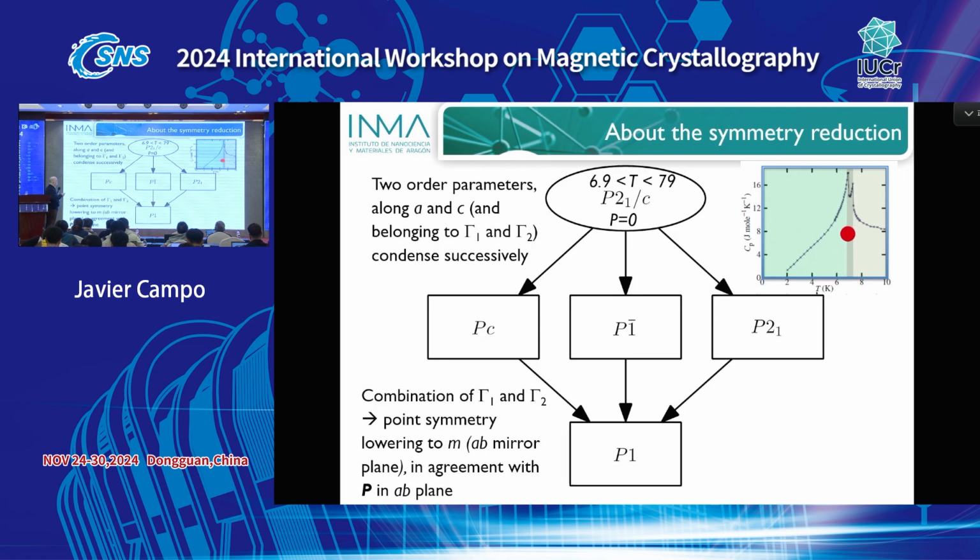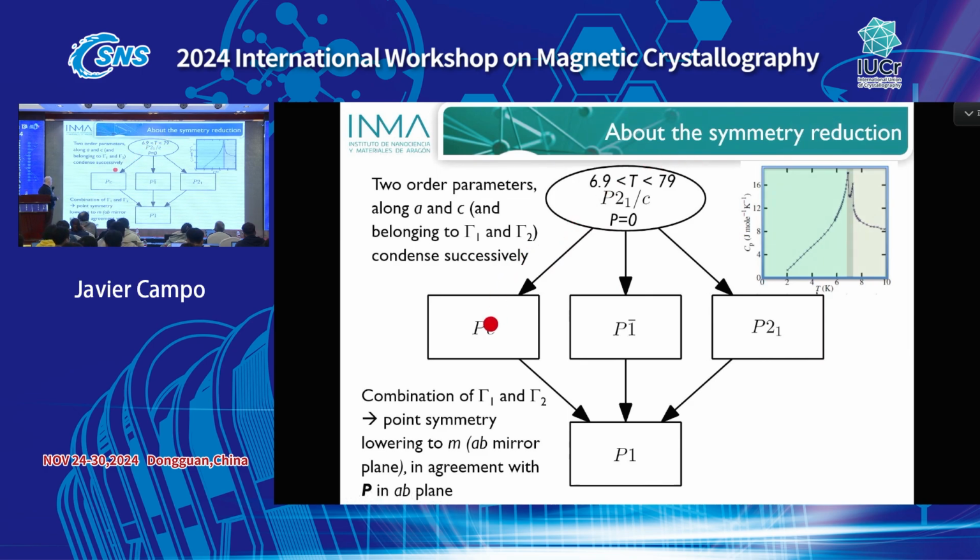This narrow region is 0.02 Kelvin. It's very difficult to see anything here. But with cryopad, it was possible to determine the magnetic structure here. Then, which is the symmetry for, we know that till 6.9, the system has this space group with no polarization.